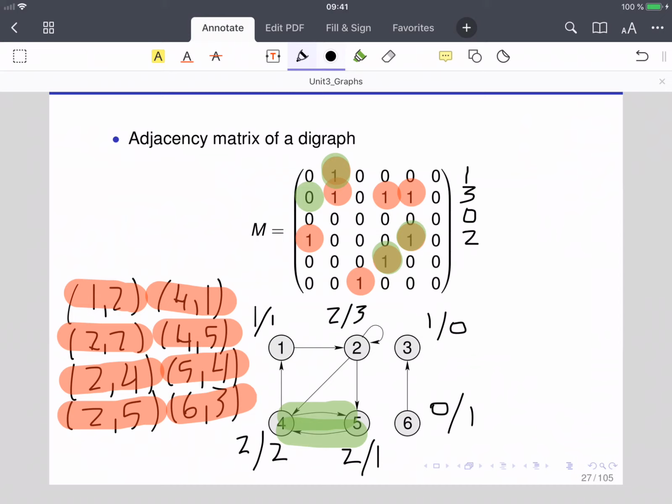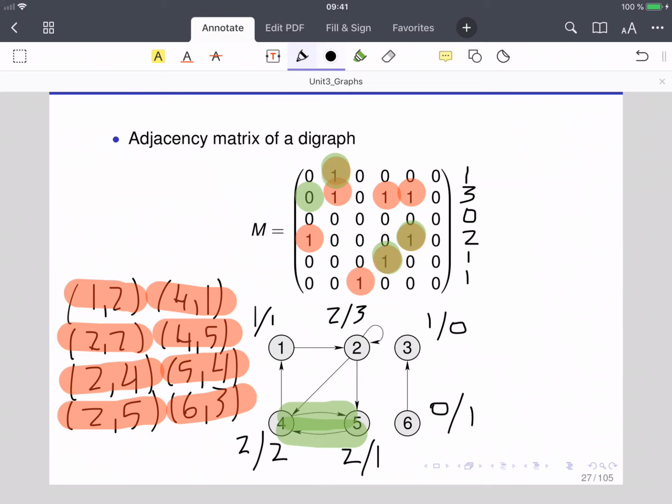In the case of 5, it is 1. And in the case of 6, it is 1. Okay, so this sum of the rows gives us the out degree of each of the vertices. Okay, and if we sum the columns, we obtain the edges that arrive at a vertex.